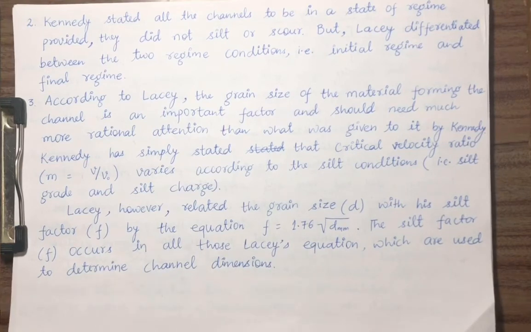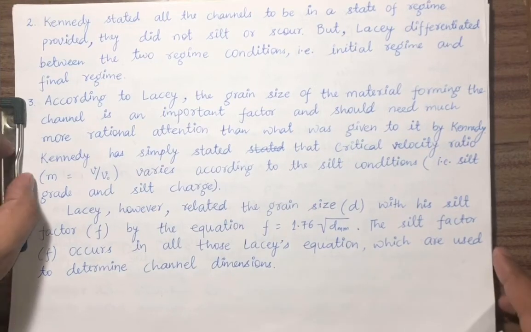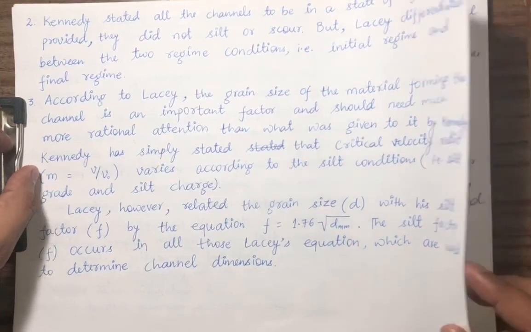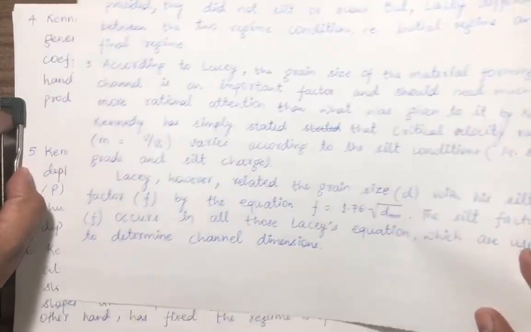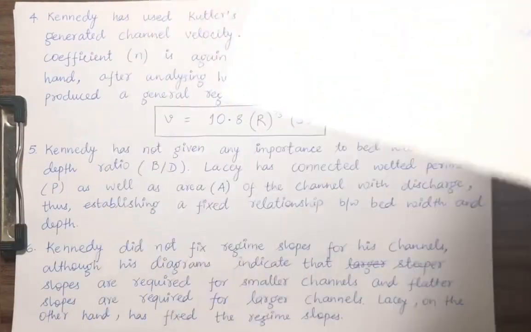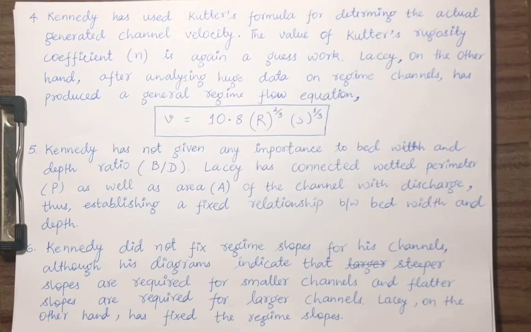So you can just check the formulas. You will get f in every equation. The three fundamental equations proposed by Lacey, f was present there. So Lacey has given due importance to the silt factor or the silt size and silt charge, which will be indirectly depending on the silt size only.